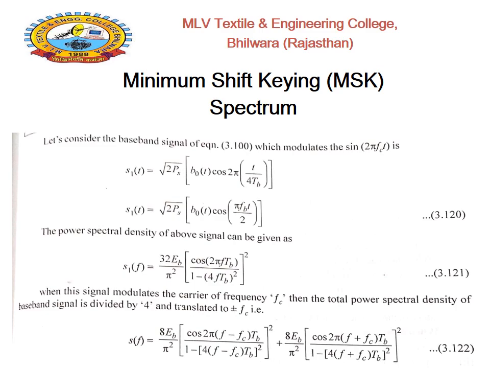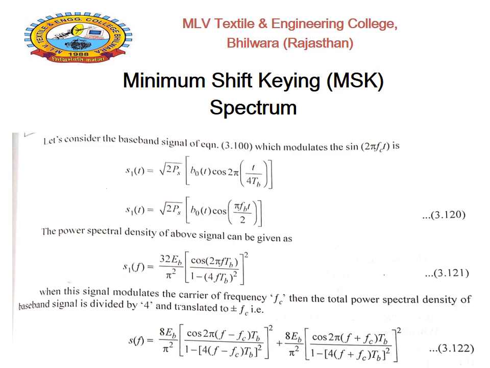that is the frequency domain formation of S1 of t, equal to 32 E_b divided by pi square, cos 2 pi f T_b divided by 1 minus 4 f T_b whole square, and the whole expression squared. When this signal modulates the carrier of frequency f_c, the total power spectral density of the baseband signal is divided by 4 and translated to plus or minus f_c, that is S of f equals 8 E_b divided by pi square, cos 2 pi (f minus f_c) T_b divided by 1 minus 4 (f minus f_c) T_b whole square.